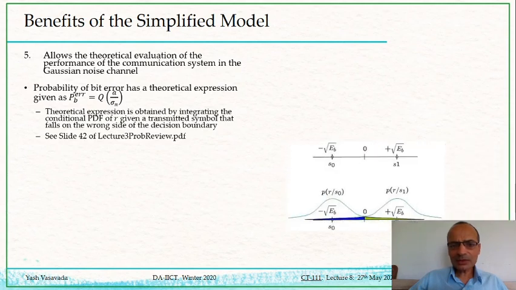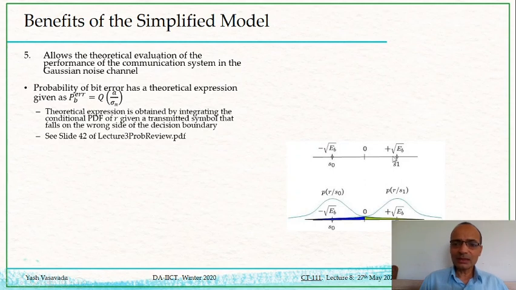But conceptually, what is going on is that we have our transmitted symbols S1 and S0, and remember the length of each of these symbols from the origin is the square root of the energy per symbol. In this case, each symbol carries one bit. This symbol carries bit 1, this symbol carries bit 0.